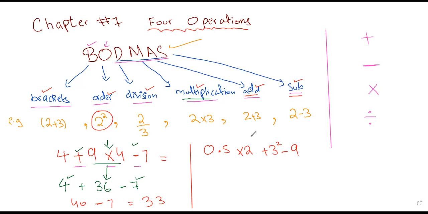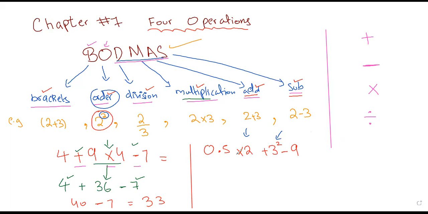In this question, we will use BODMAS because we have order. Where is order? This is the order thing, something to the power something. 3 to the power 2 is the order example. Now what do we do first? Anything which is powered by a number is called order. Yes, this number is particularly order.